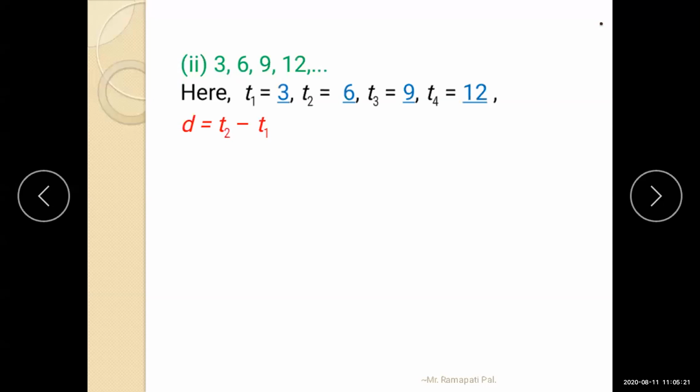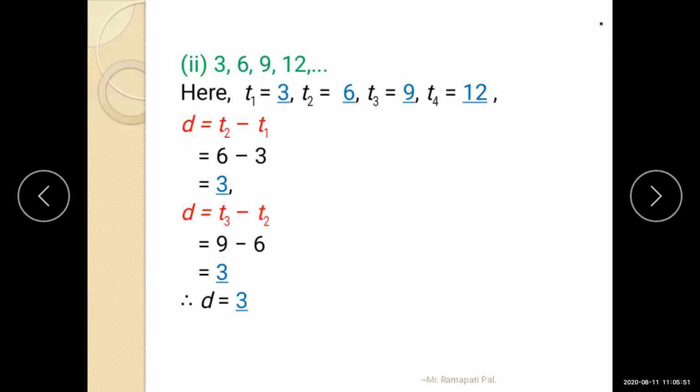Whenever you are going to find out D, you have to subtract T2 minus T1. That is 6 minus 3 equal to 3. Again, D is equal to T3 minus T2, 9 minus 6, which is equal to 3. So D is equal to 3. Correct? Okay. Very good.